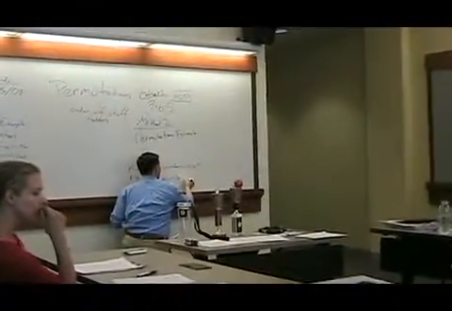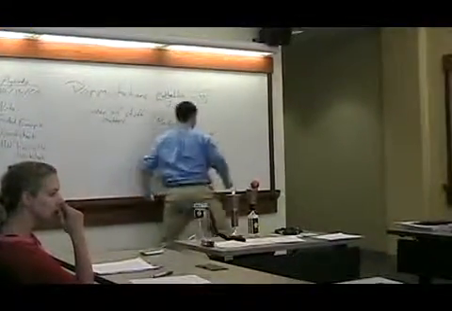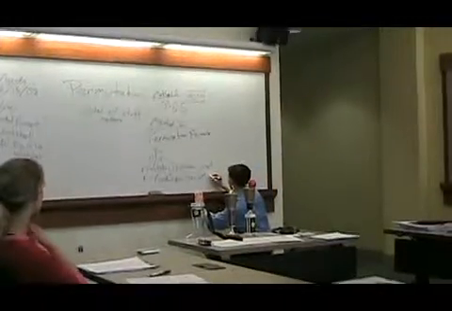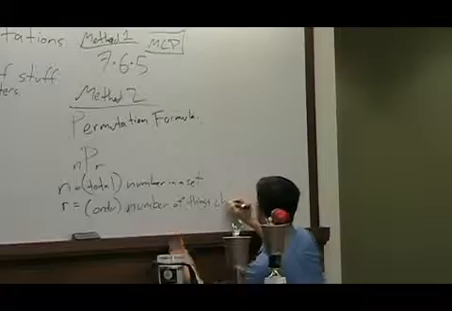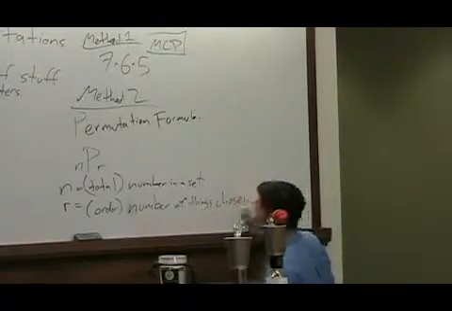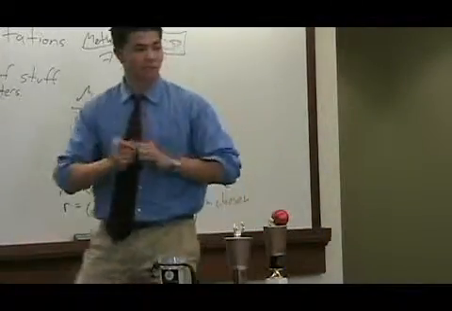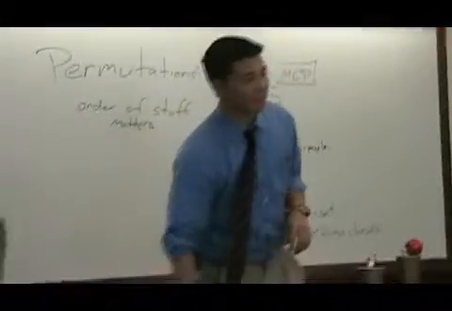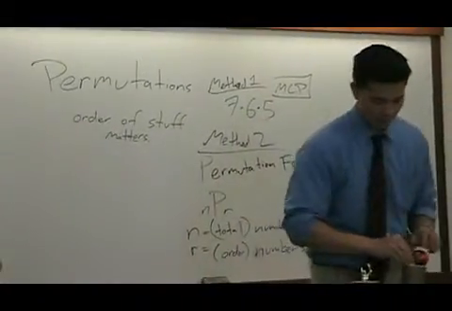So this would be the chosen number of things chosen. Alright. That basically is the permutation formula.